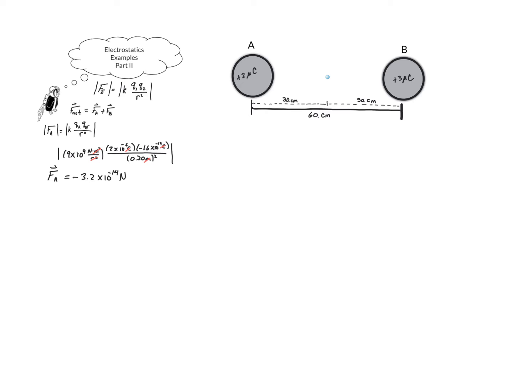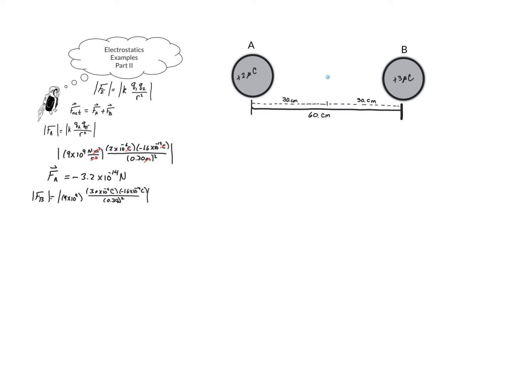Now I need to calculate the size of the force from the second sphere, B. I'm going to use the same formula, so it's 9 times 10 to the 9 times 3.0 times 10 to the negative 6 coulombs times the charge of the electron, all over the distance, which again has to be in meters, and then squared.